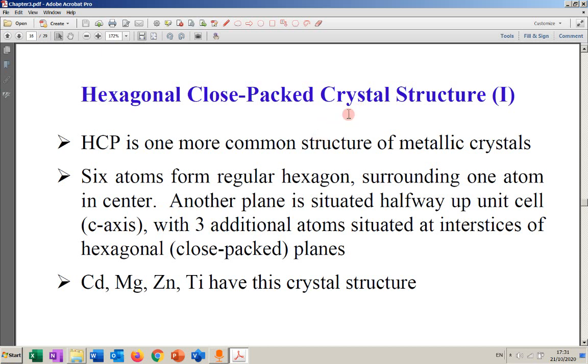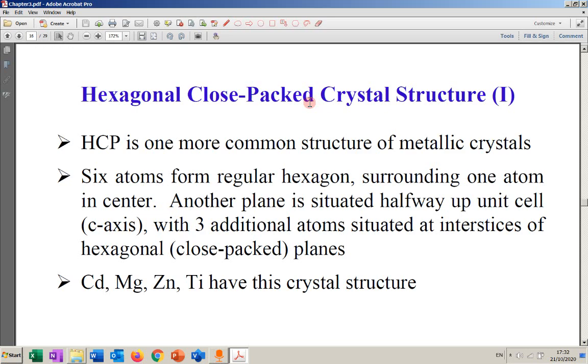Beside those, we said that we have crystal structure. Crystal system is the shape of the lattice or the unit cell, and crystal structure relates to the way that atoms arrange themselves within this crystal system.